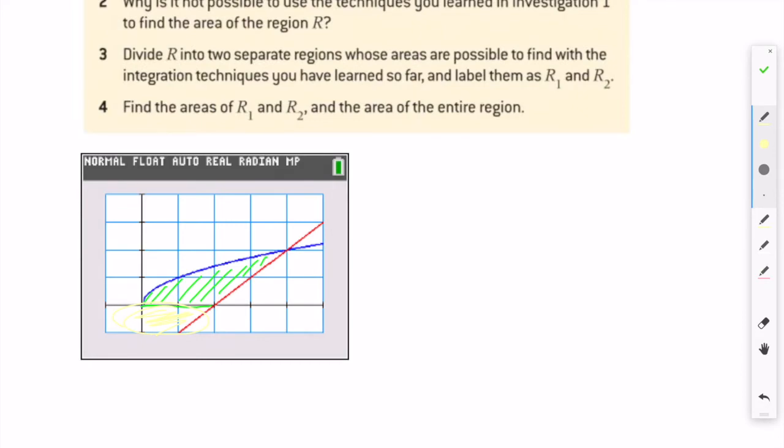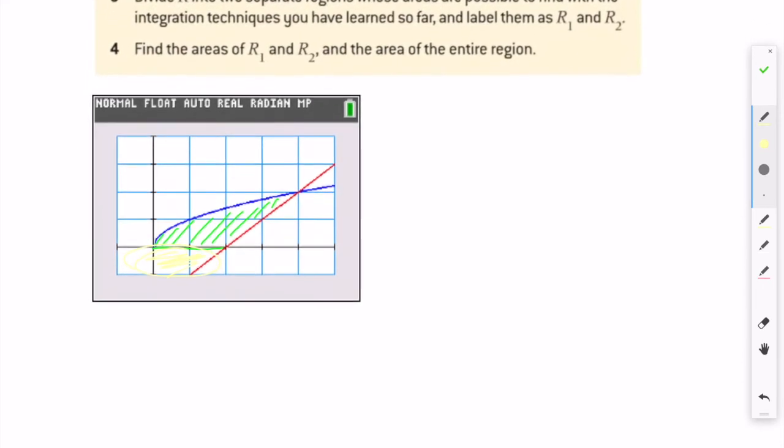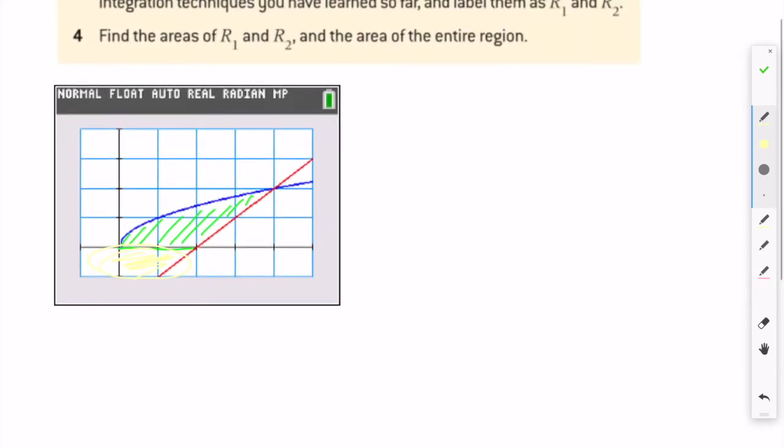Number 3, divide R into 2 separate regions whose areas are possible to find, and we will call them R1 and R2. Okay, so from what I'm thinking, since we know how to deal with the region that's above the x-axis, why don't we start from 0 and call part of this green region R1, and then the next region R2 that ends over here.